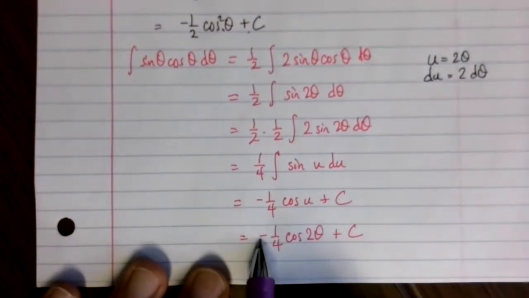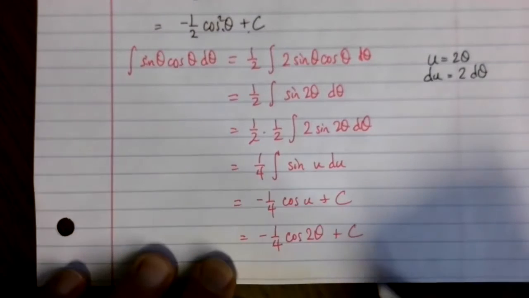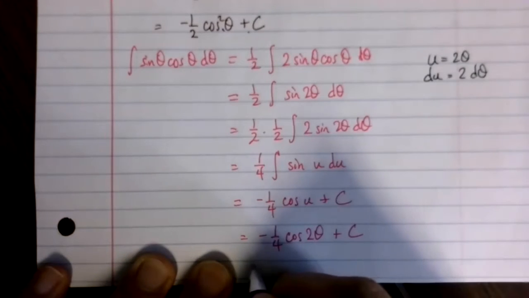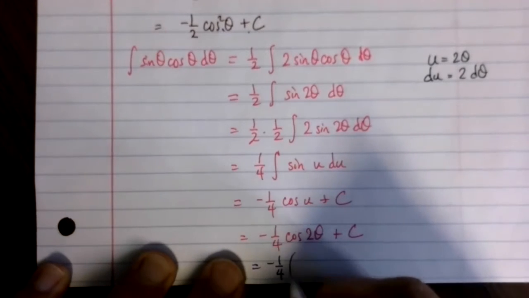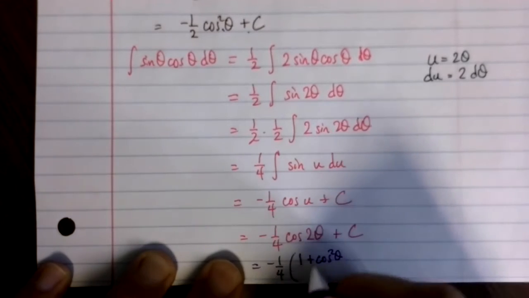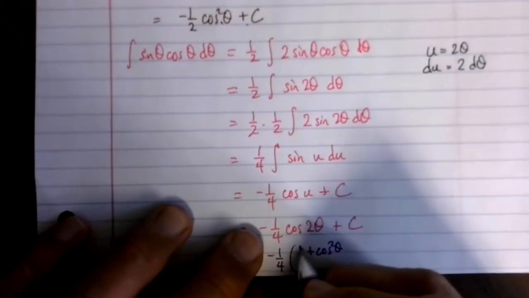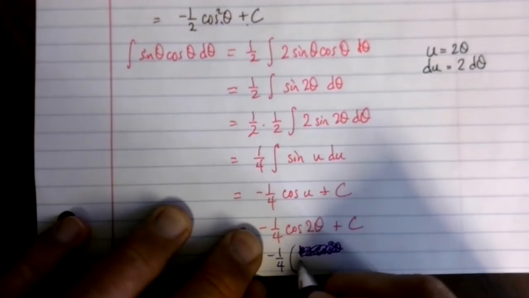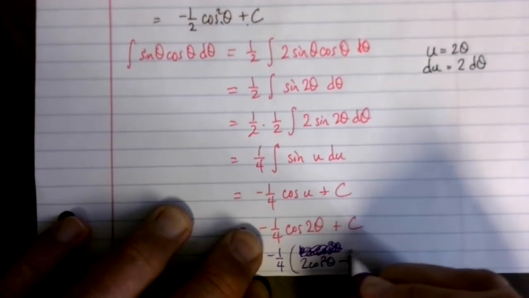Likewise down here, negative 1/4 cosine 2 theta. Again, there's a trig identity. Sorry, I got it backwards. Cosine 2 theta can be written as 2 cosine squared theta minus 1.